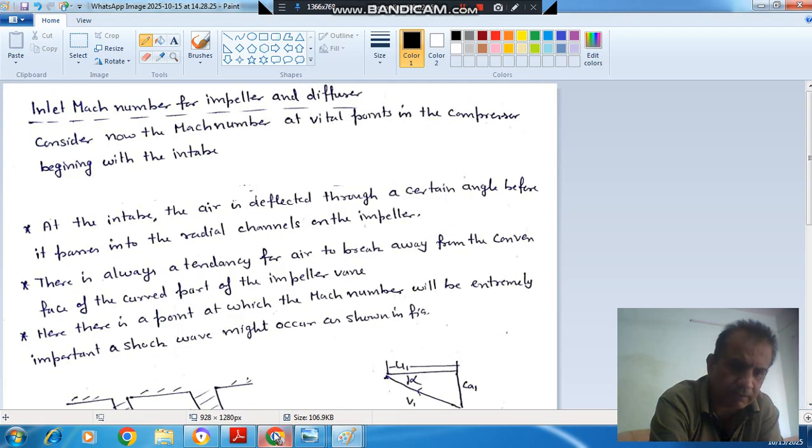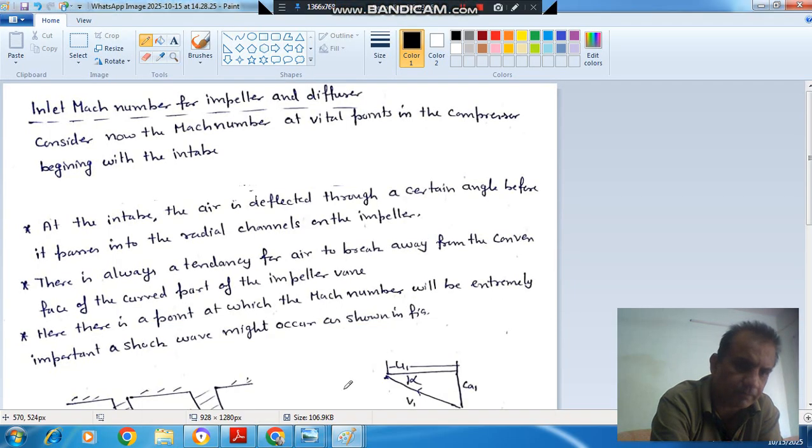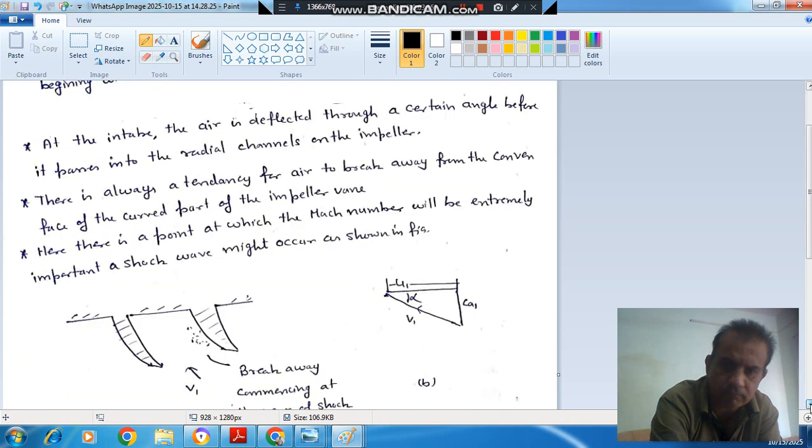Here at the inlet, the flow is deflected, so at the curved part there is a tendency for flow to break away. So here there is a point at which the Mach number will be extremely important. A shock wave might occur, as shown in the figure.